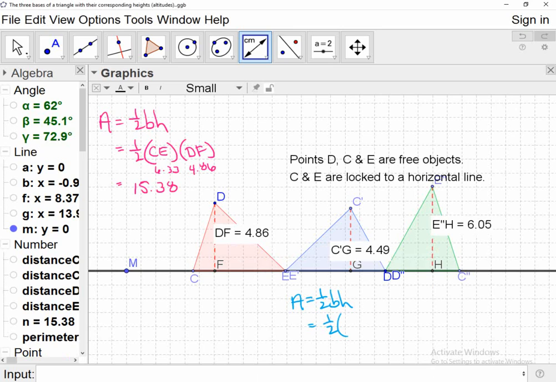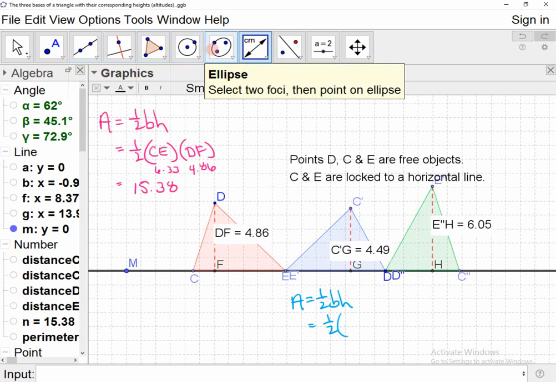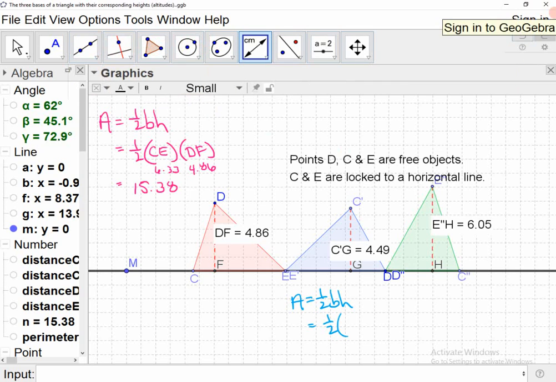The base is identified in this formula as the side that your altitude is perpendicular to. So calling that D to E. And then H, in this case, would be C prime to G.